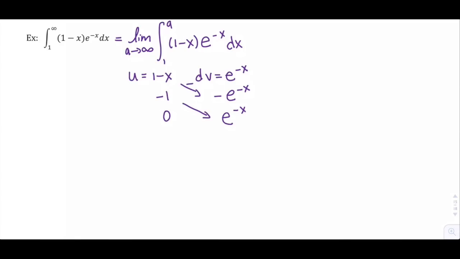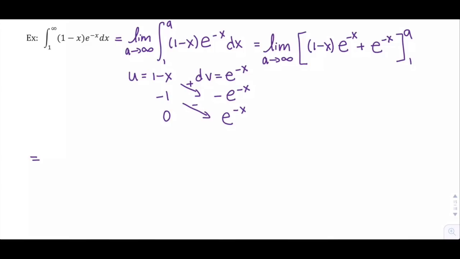We have plus followed by minus. So this is going to give me the limit as a goes to infinity of 1 minus x times e to the negative x, plus e to the negative x evaluated from 1 to a.